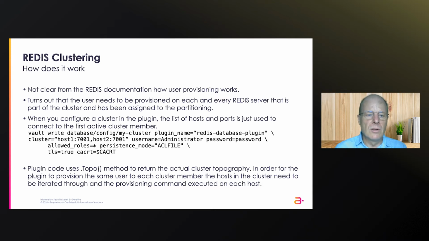Within the plugin code, we use this topo method to return the actual cluster topography, regardless of what's mentioned in the list here. In order for the plugin to provision the same user to each cluster member, it has to go get that topography and iterate through each one of the members in the list and apply the provisioning commands on each host in that list.